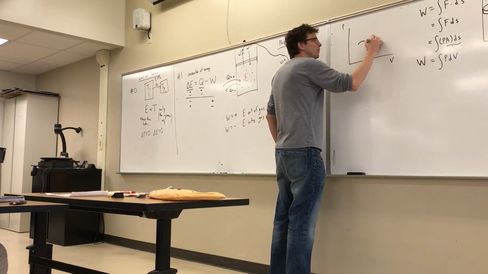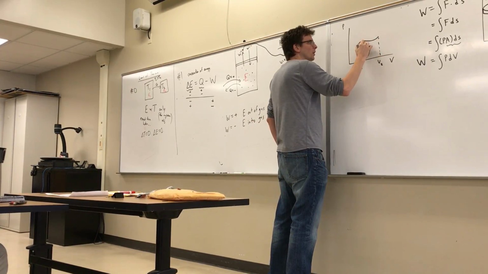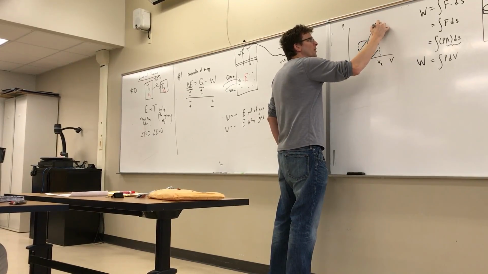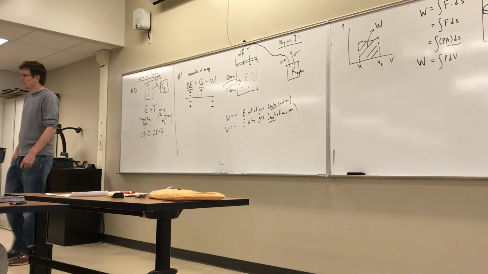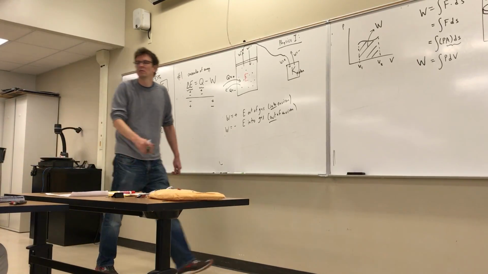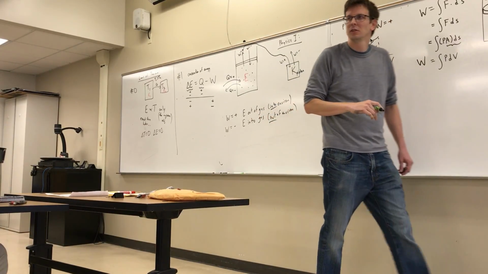So this right here, if I integrate from V1 to V2, then this will be the work done by the gas on the environment. Okay, this is of course positive area under the curve.